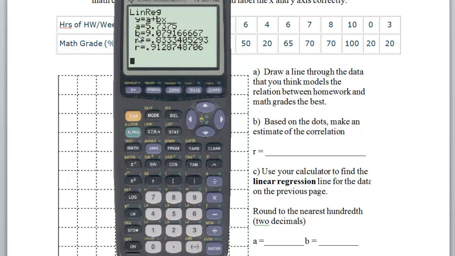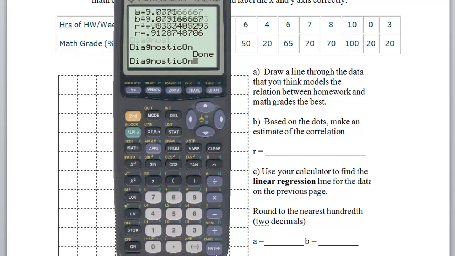If you don't see your R squared or your correlation coefficient R, you'll need to hit the second key, the catalog key, scroll down quite a bit until you get to diagnostics on, and click enter, and that will get these R squared and R values up and running.